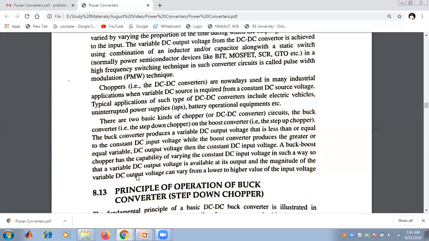A buck boost chopper has the capability of varying the constant DC input voltage in such a way that a variable DC output voltage is available at its output, and the magnitude of the variable DC output voltage can vary from a lower to a higher value than the input voltage.